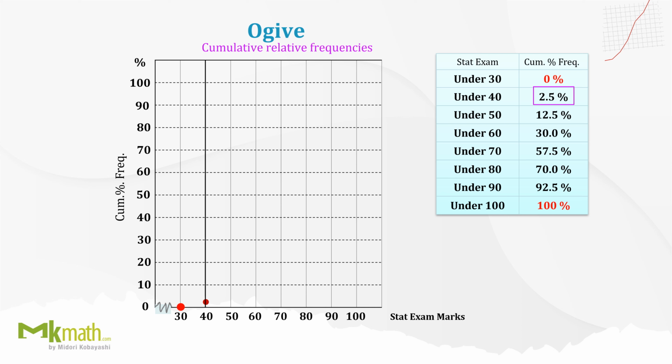Once you have 2 points, connect those with the straight line. Please use a ruler. The third point is 12.5% on the grid line of 50. And connect the 2 points. On the 60 grid line, plot 30% and we connect the 2 points again.